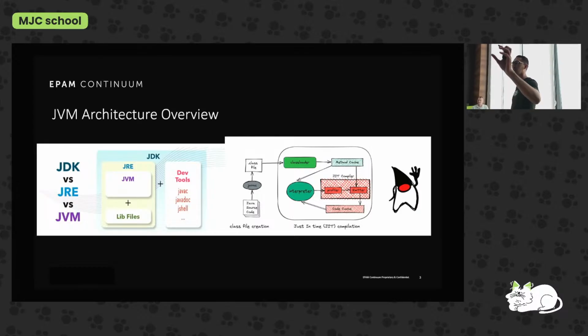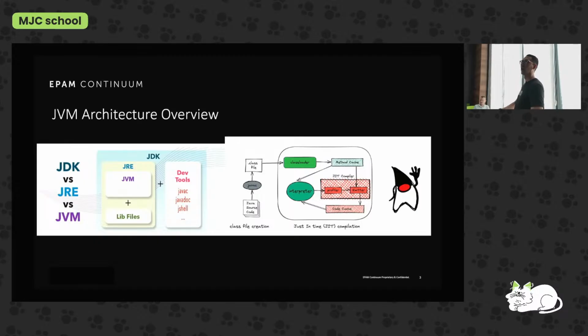Okay, moving back to our topic. The JVM is the machine which is inside of a Java Runtime Environment, JRE for short. And the JRE contains, besides the JVM, library files, which are necessary for Java to load during its runtime.